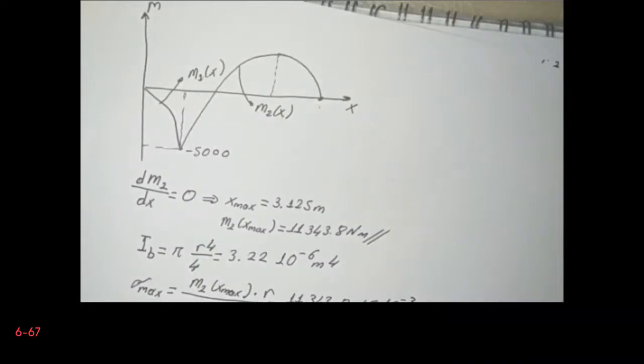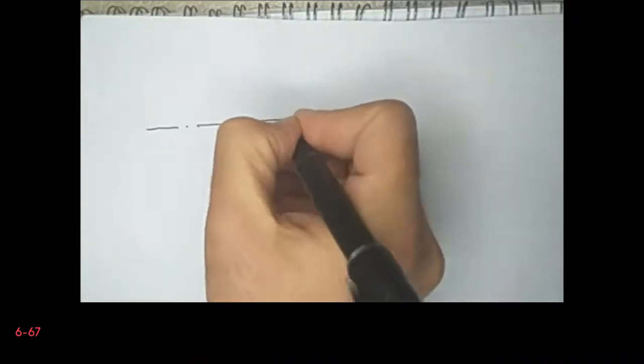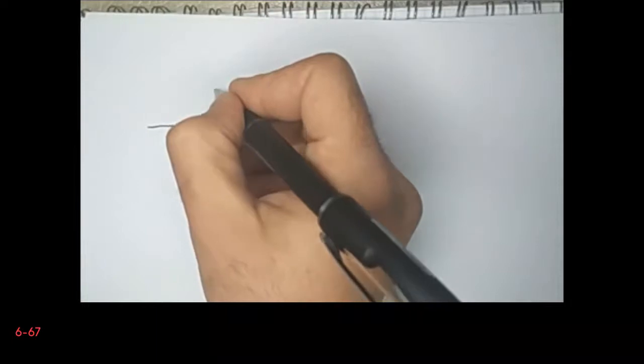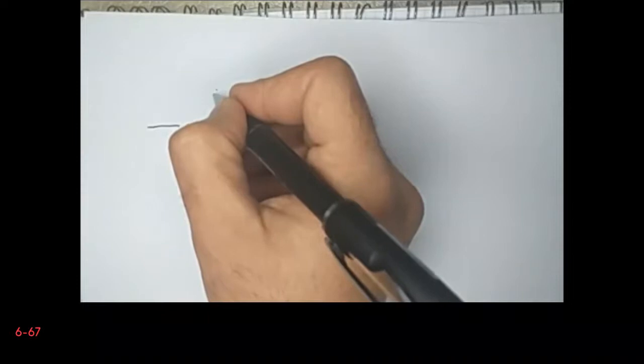Now it is also asked us the stress distribution at this point. In fact, if this is our axis of symmetry, stress distribution at the top of the beam will be compressive because we have a positive bending there.